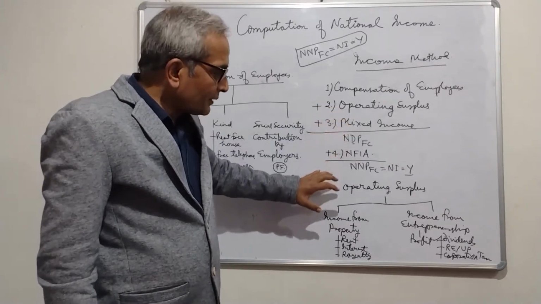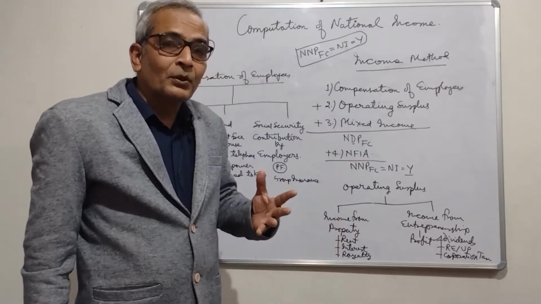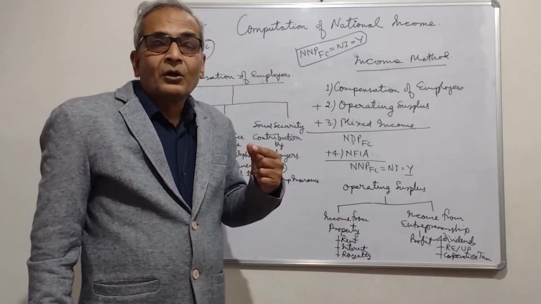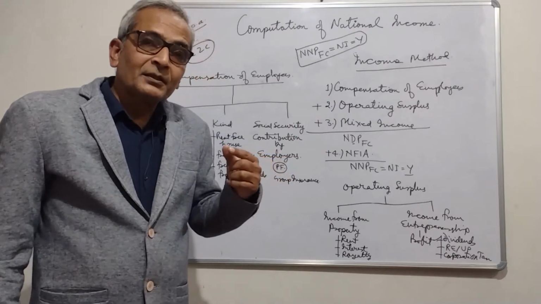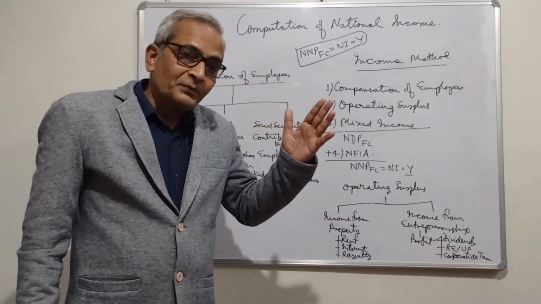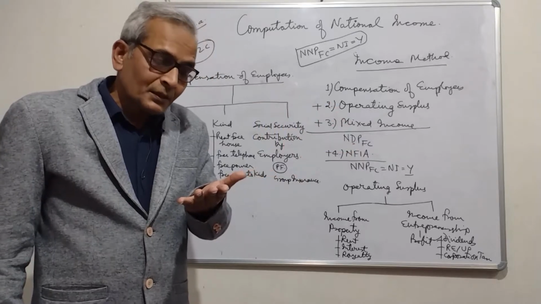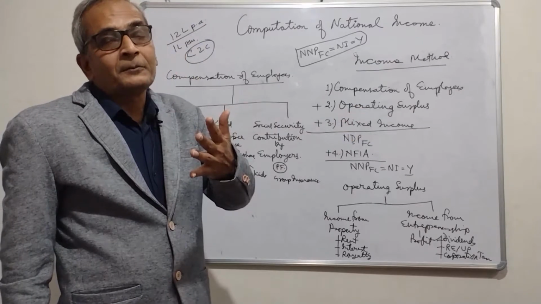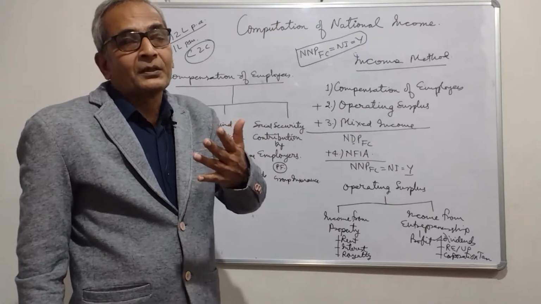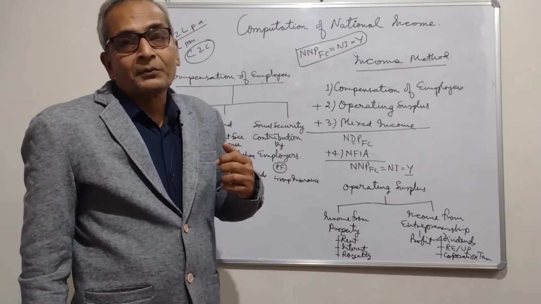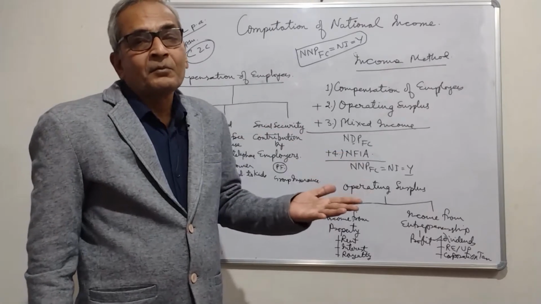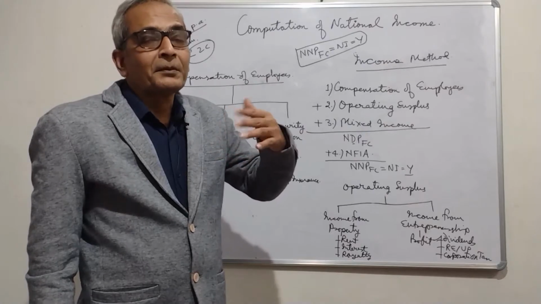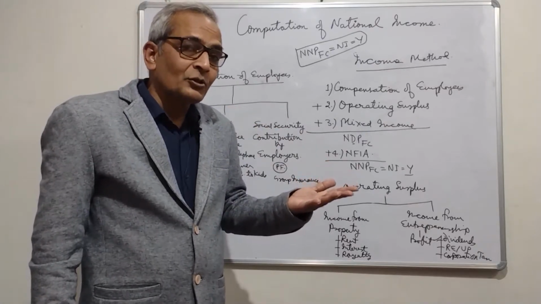Right? And this net factor income from abroad, if you can recall that circular flow of income, output and expenditure. Then household gives factor services to the world. It takes factor services from the world, and for providing factor services to the world, we get factor income from abroad, and for taking factor services from abroad, we make factor payment to the rest of the world.